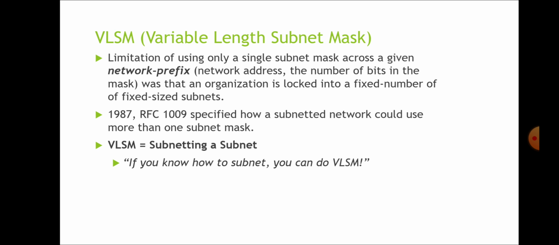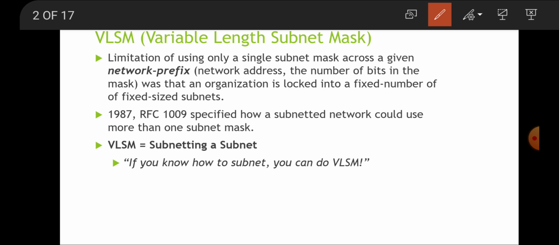So for that purpose, we go for VLSM, the variable length subnet mask. The limitation of using only a single subnet mask across a given network prefix is that an organization is locked into a fixed number of fixed-size subnets, which I already explained.